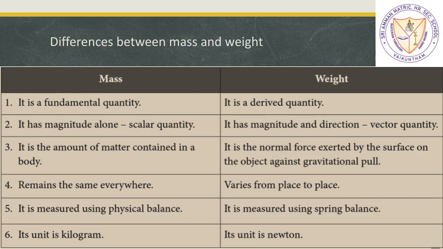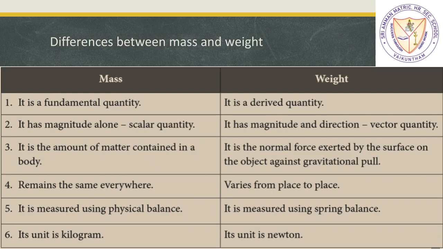So the weight is in the downward direction. I'm feeling it in the downward direction. So that itself says that weight has got a direction. That means weight is a quantity which has both direction and magnitude. So that's why it is called a vector quantity.